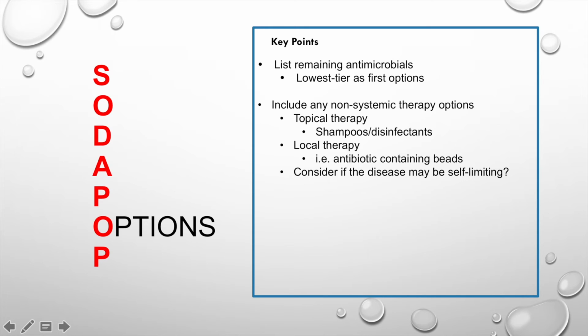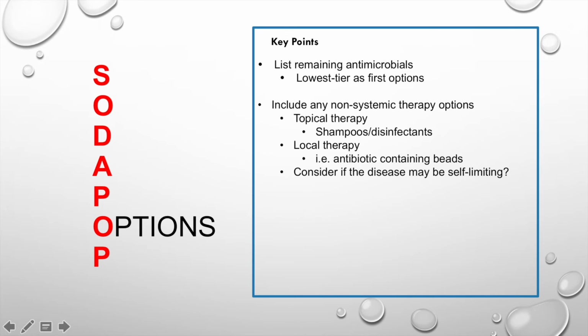These may include non-systemic therapy options, such as topical therapies like shampoos and disinfectants for pyoderma, local therapy such as antibiotic containing beads for joint infections, and considering if the disease may be self-limiting on its own. This might include something like an abscess resolving after establishing drainage, or uncomplicated kennel cough.